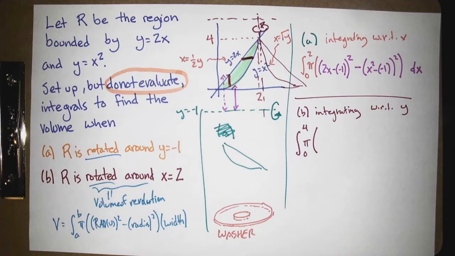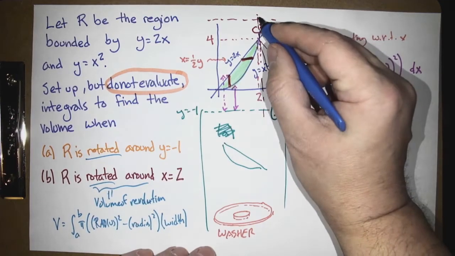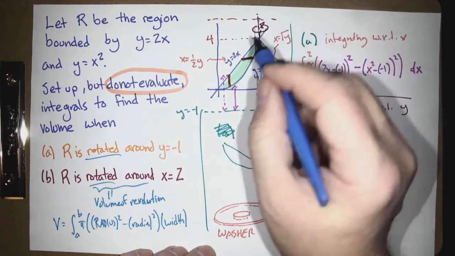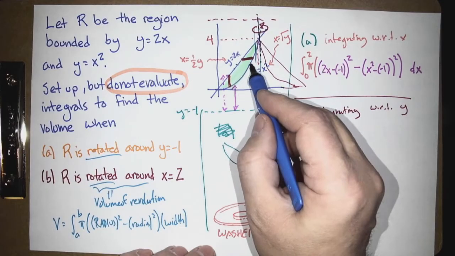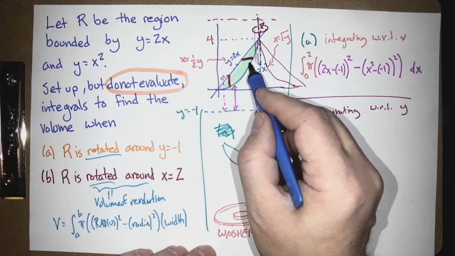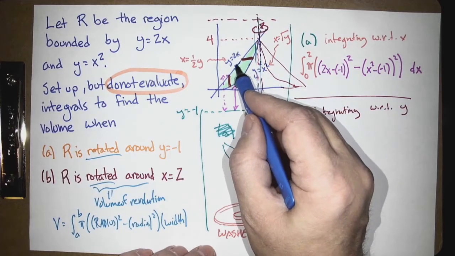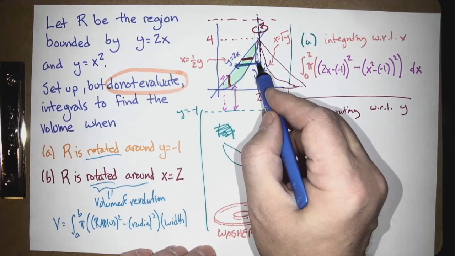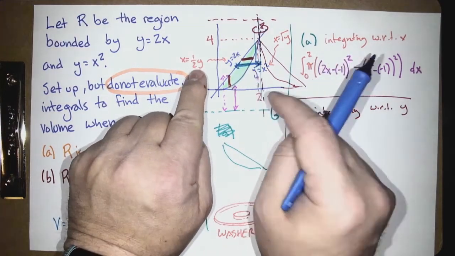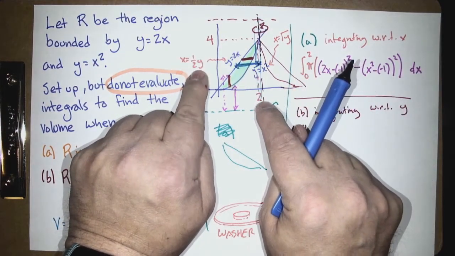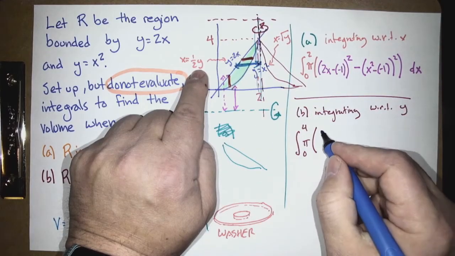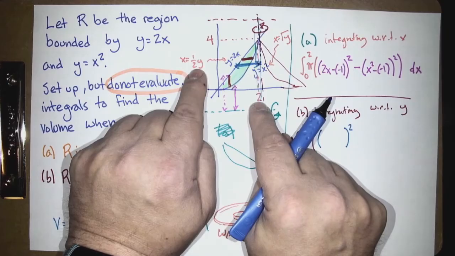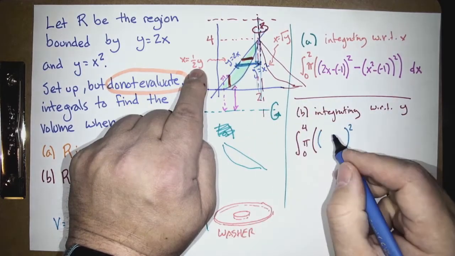Now we're ready. We're trying to decide which one is our big radius, in relationship to where we spin. Which curve is the farther curve out, the line or the parabola? The line. So our big radius is coming from here. We need to figure out the difference from x equals 1/2 y to x equals 2. What is that difference? That's our radius. 2 minus 1/2 y.